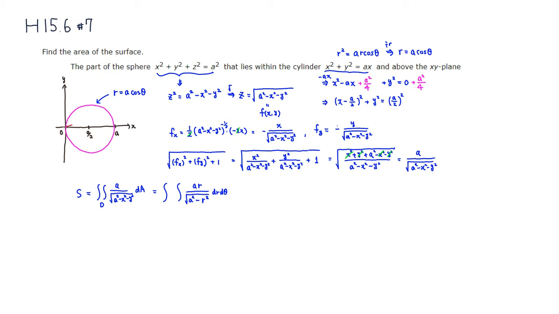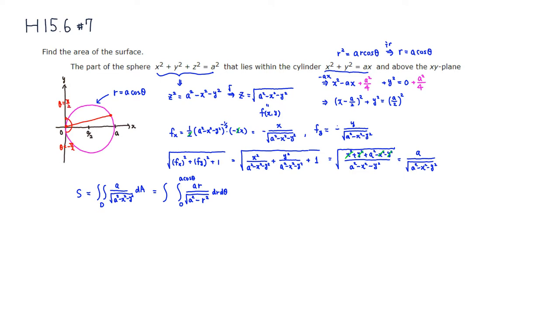Then for fixed theta, you can see that r is going to start from 0 to r equals a cosine of theta. So this is going to go from 0 to a cosine of theta. Then we just need to go from, the angle theta is equal to negative pi over 2 all the way to theta equal to positive pi over 2.